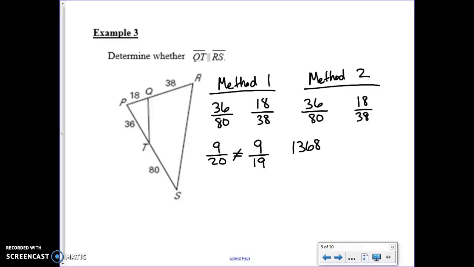And 80 times 18 is 1,440. Those two numbers are not the same, they're not equal, so we can say that QT is not parallel to RS.